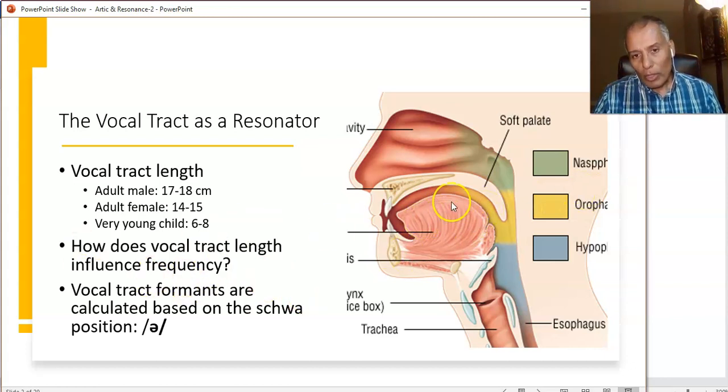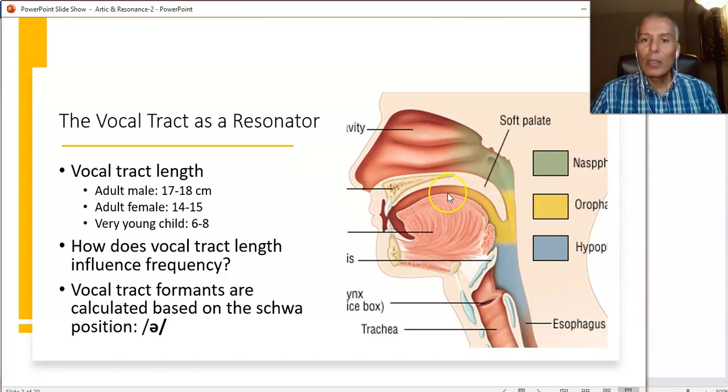So at rest, the pharynx is open and has air. You keep breathing in and out, and the mouth will be like this. There's a space between the tongue and the hard palate and the soft palate.